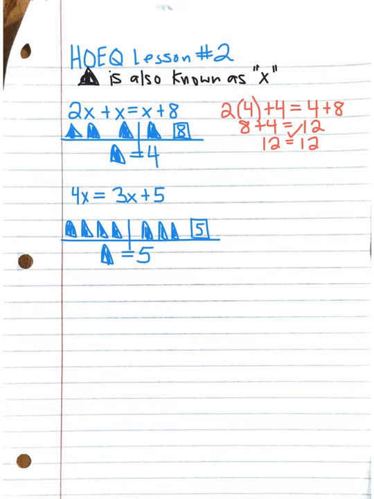I'm going to go back and do my check. So this becomes 4 times 5 has to be the same as 3 times 5 plus 5. 4 times 5 is 20. 3 times 5 is 15 plus 5. So we end up with 20 equals 20.